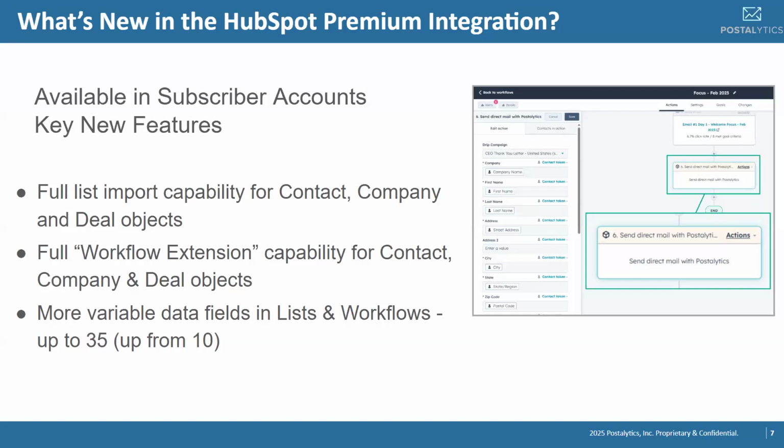So this ability now to trigger mail or to pull together list-based campaigns from the deal object can go beyond the original concept that HubSpot had around deals, which was really for B2B companies that have long sales cycles. But I think it's being used in a lot of really interesting ways now. So this capability will enable you to take advantage of the deal object and use that to drive your direct mail program now.